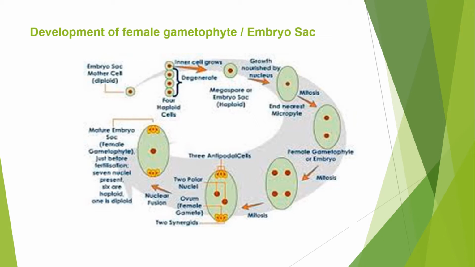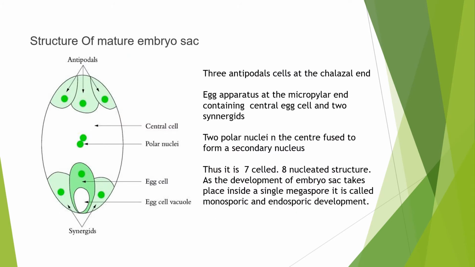Structure of female gametophyte. The three nuclei which are present at the chalazal end form antipodals. The two polar nuclei fuse to form the secondary nucleus, and the three nuclei at the micropylar end form the egg apparatus. This egg apparatus consists of a large egg cell and two supporting cells called synergids.